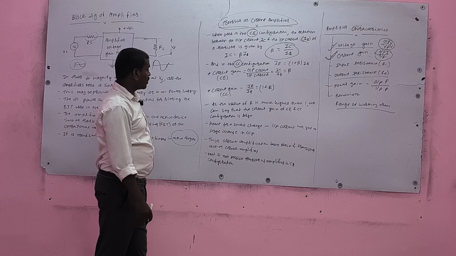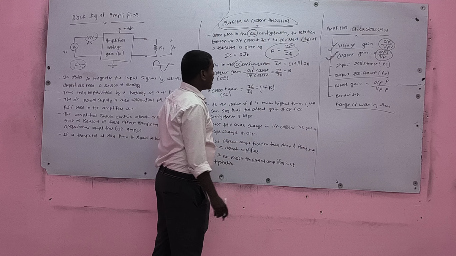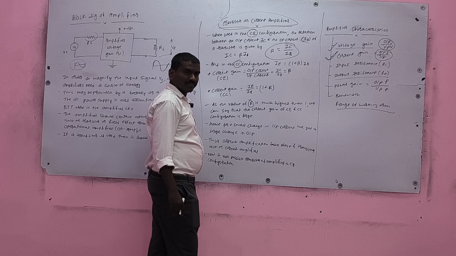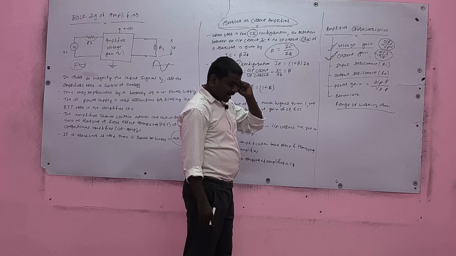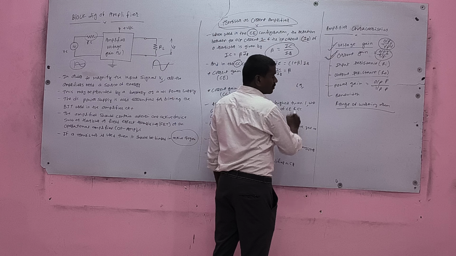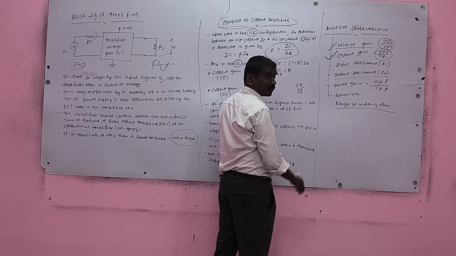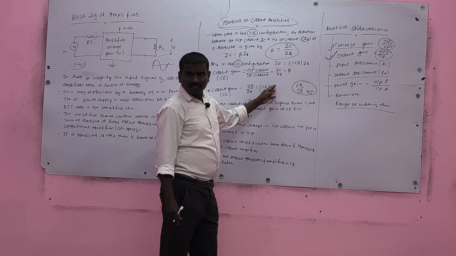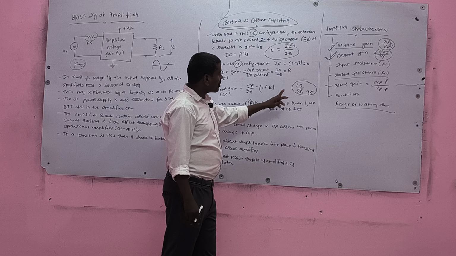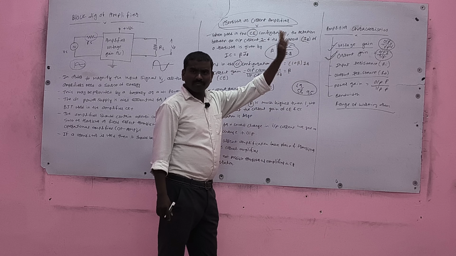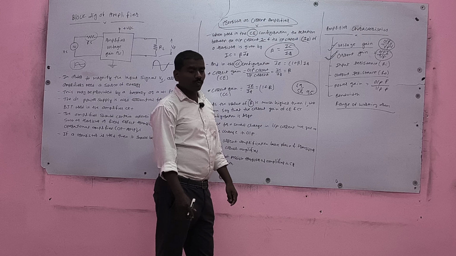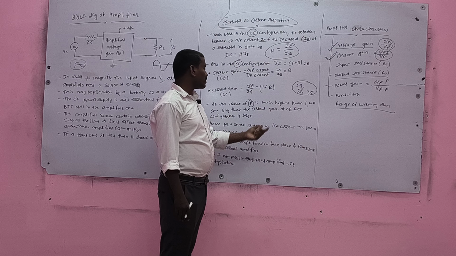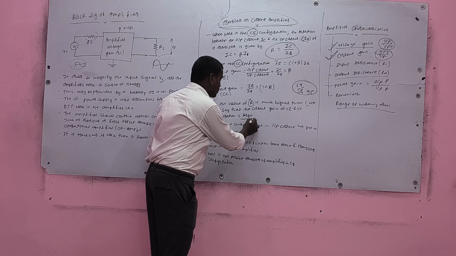As the value of beta is much higher than 1, you know that from your calculation, the value of beta was 49, 58, 95 from previous examination numericals. That means it is much more than 1. So from this we can say that the current gain of CE and CC configuration is large.